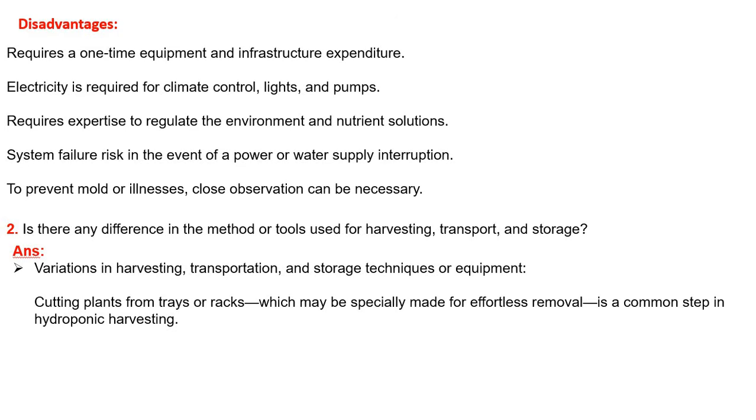Next question, is there any difference in the method or tools used for harvesting, transport and storage? Answer: variations in harvesting, transportation and storage techniques or equipment. Cutting plants from trays or racks, which may be specially made for effortless removal, is a common step in hydroponic harvesting.